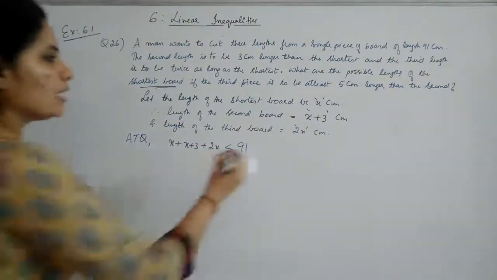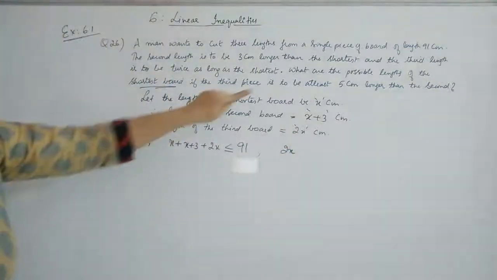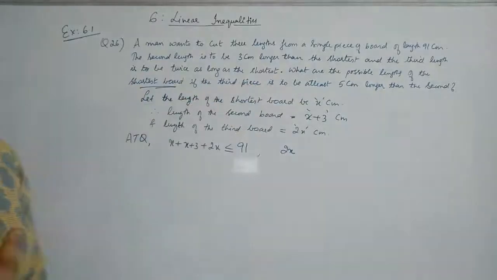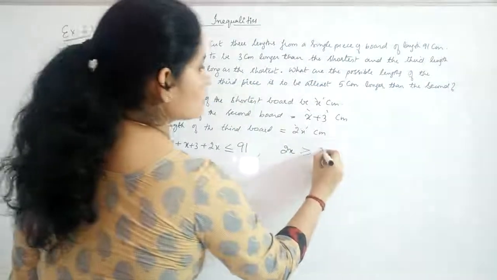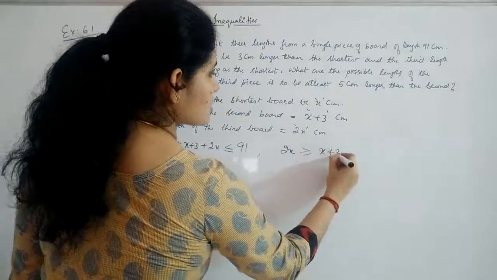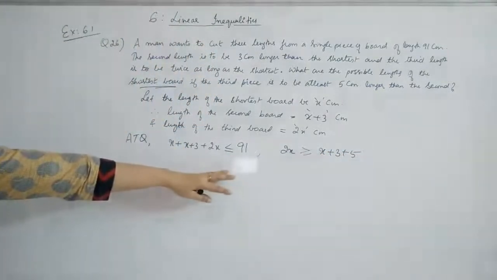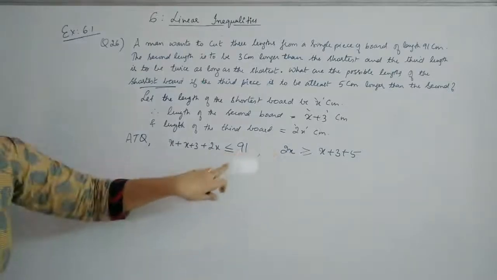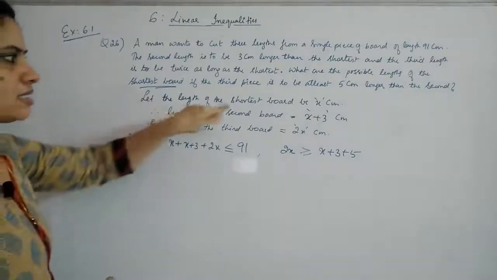Okay, so the second inequality which we are getting is 2x is at least, that is minimum, so it can be greater than or equal to the second piece which is x plus 3 plus 5. Okay, so these are the two inequalities which you are getting, and you have to solve these two in order to get the minimum and maximum of the x, that is the shortest board.